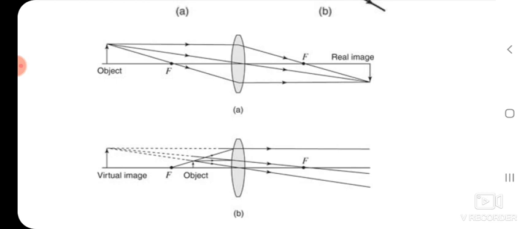So in this figure, a real image is formed in diagram A and a virtual image is formed in diagram B. The lens setup shown in figure B is called a simple magnifier.